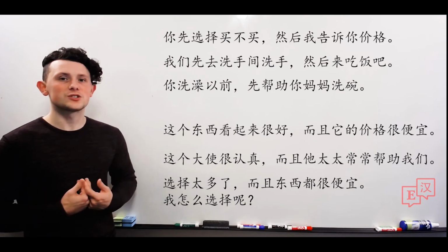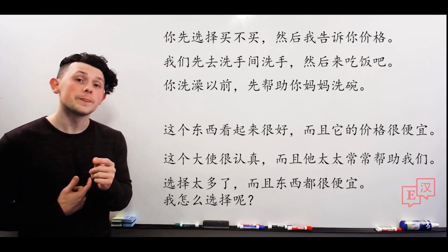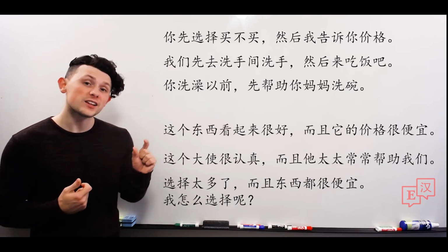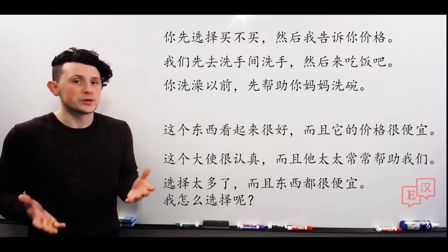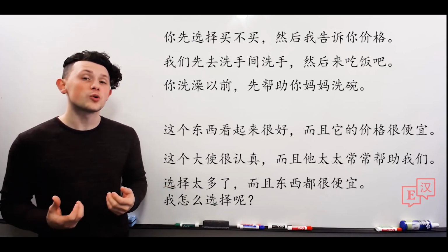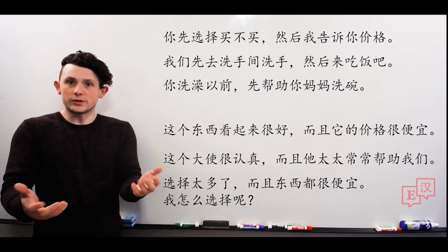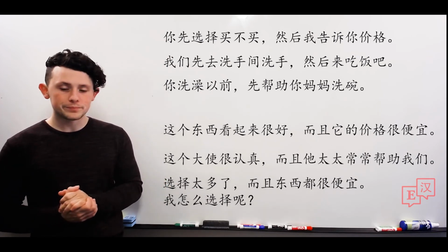How am I supposed to choose? The 呢 here is making a rhetorical question. That little 呢 at the end, 我怎么选择呢? It's making it into a rhetorical question, saying like, what would you do? What do you think? One more time.